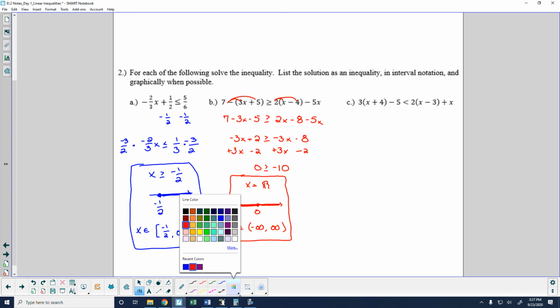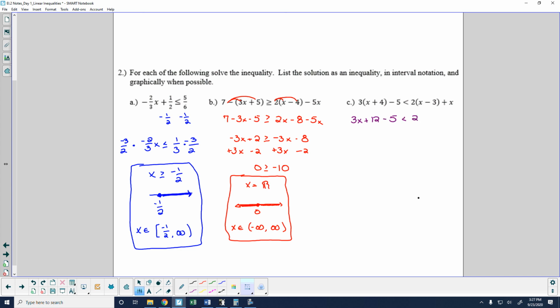The last one for this problem, 2C. Same concept. So first, you may say, simplify by distributing. So 3x plus 12 minus 5 is less than 2x minus 6 plus x. Then we would want to simplify in this case.